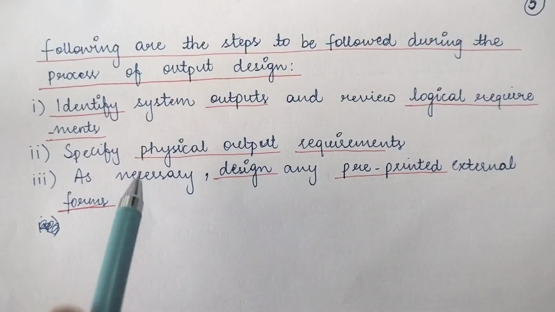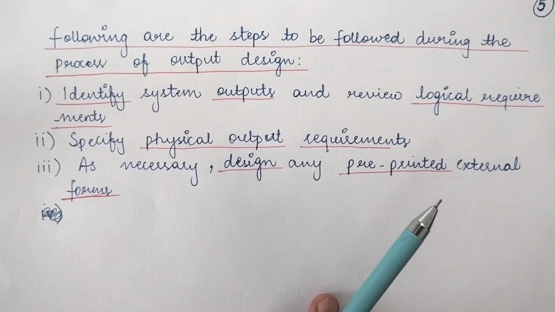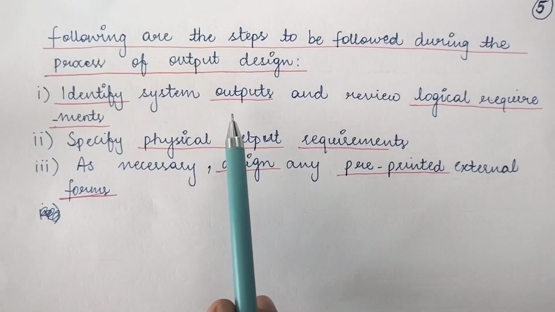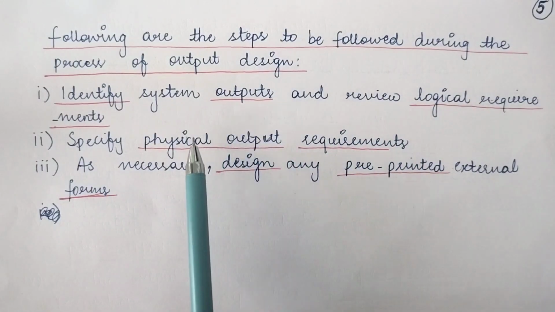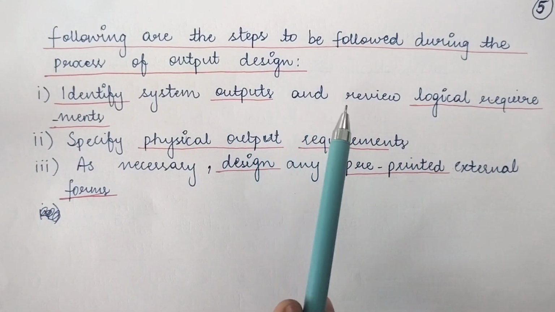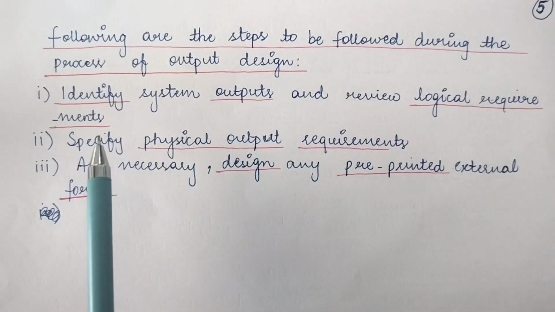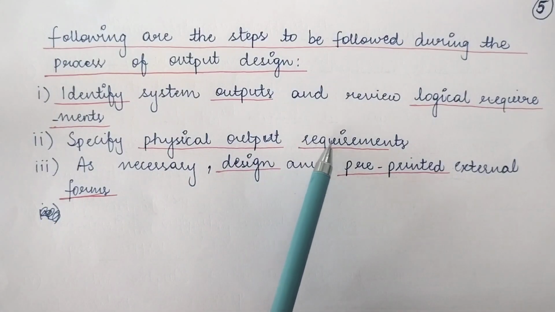Then there are some steps to be followed during the process of output design. What are these steps? First, identify system outputs and review logical requirements. Once you identify what the system outputs are and review the logical requirements of this particular system, then in the second step, you must specify physical output requirements.